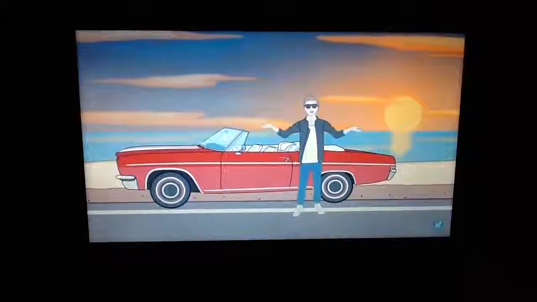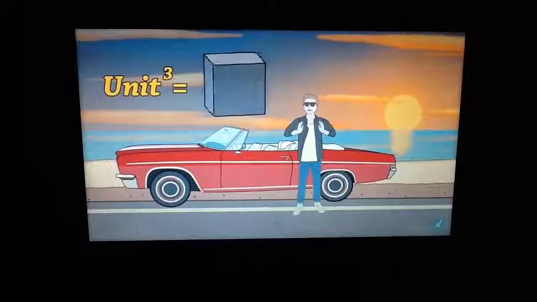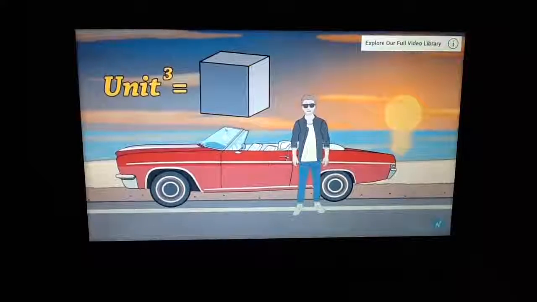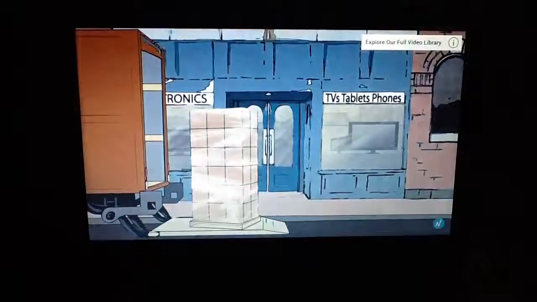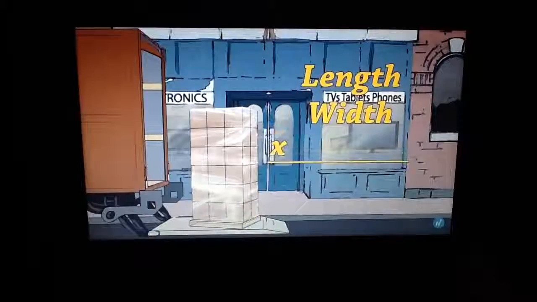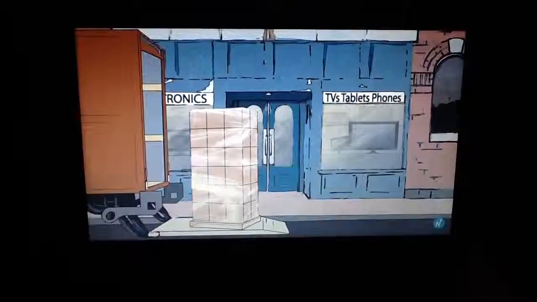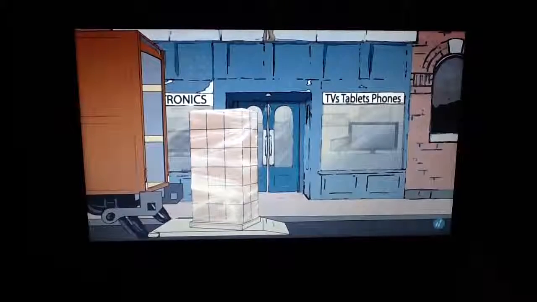When finding volume, don't forget to mention the unit is a cube with 3 dimensions. To get a rectangular prism's volume right, length times width times the height. Cubic units label 3 dimensions when we answer any volume questions.